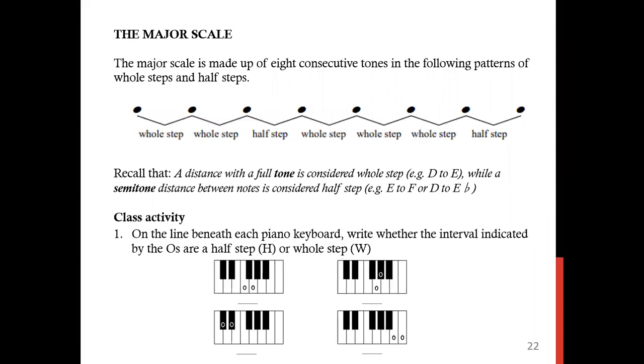So now we have moved from D to E, E to F sharp. From F sharp to the next one must be a half step. So what is it going to be? B6, are you there?